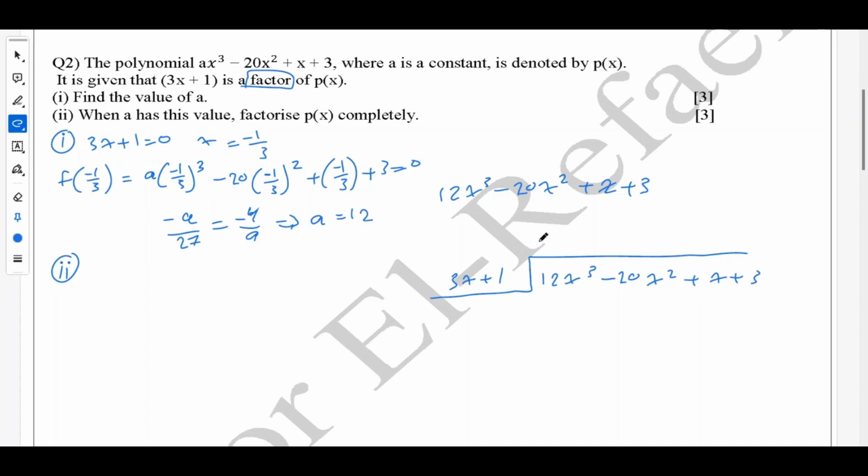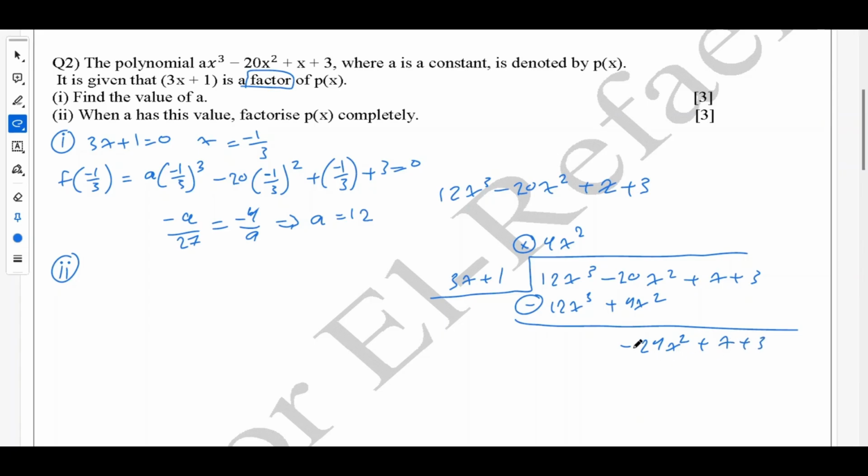With quick thinking, it will be 4x squared. 12x cubed plus 4x squared, minus, gives negative 24x squared plus x plus 3.